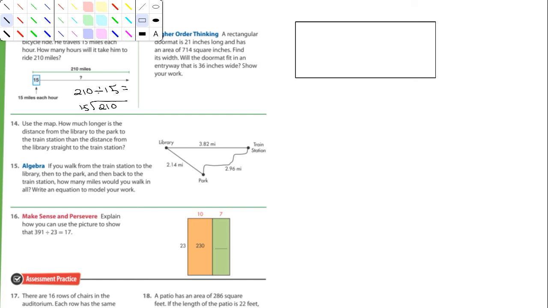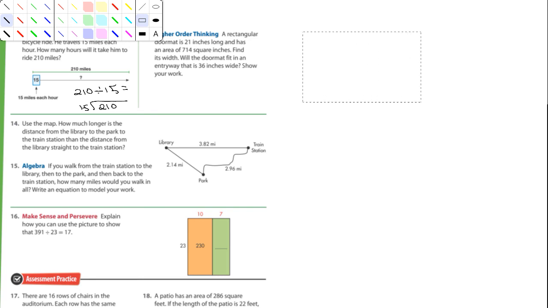I'm using my calculator because I want to get my shape right. Okay. So I'm going to hit undo. I'm going to make the shape more like this. Okay, that's a little more accurate.